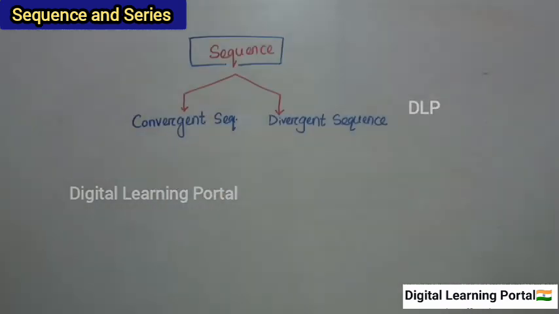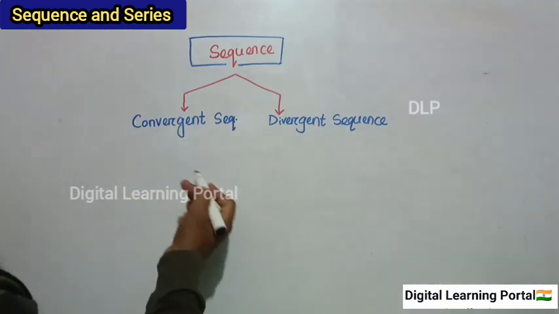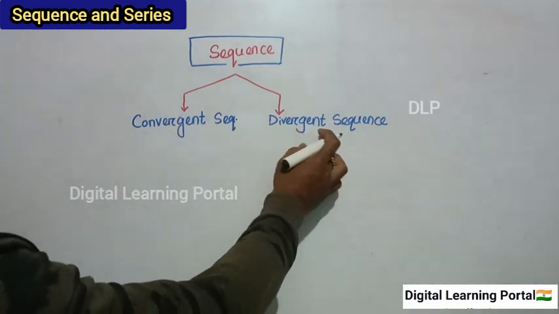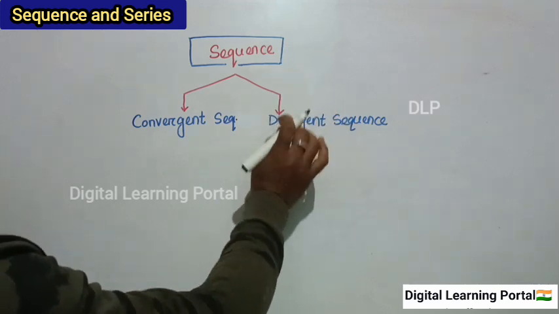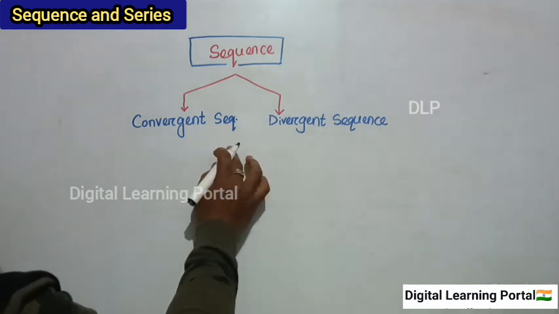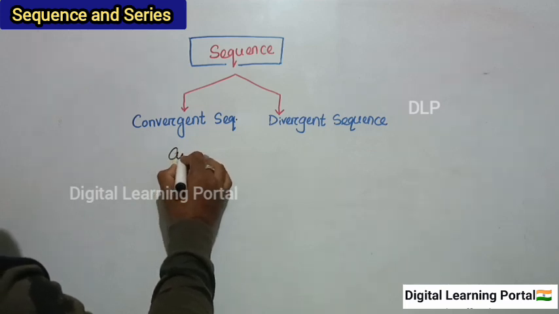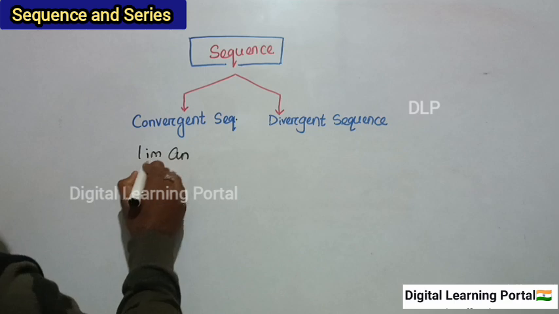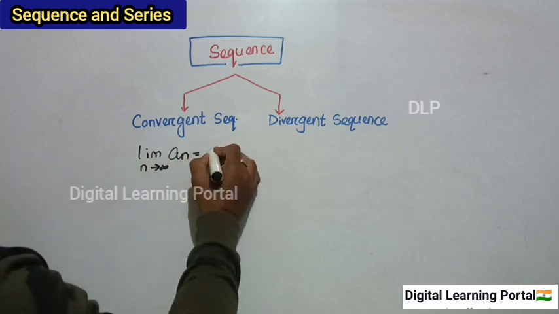So let's start. Sequences are mainly categorized into the convergent sequence, the divergent sequence, and the oscillatory sequence. First we have to define the convergent sequence. Here we introduce the general term a_n. For a convergent sequence, the limit as n tends to infinity of a_n is finite.